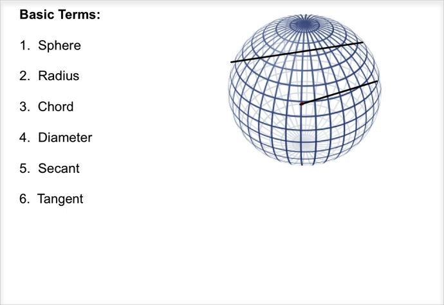A diameter is a chord that goes through the center. A secant is still a chord or a line that contains a chord, so it's going to intersect the sphere twice and keep on going. And a tangent is still a line that intersects the sphere in only one place.